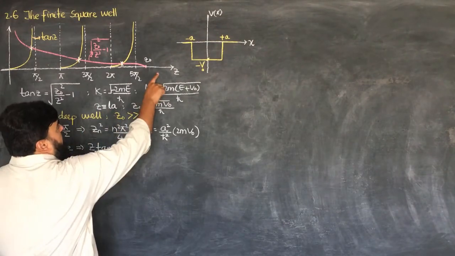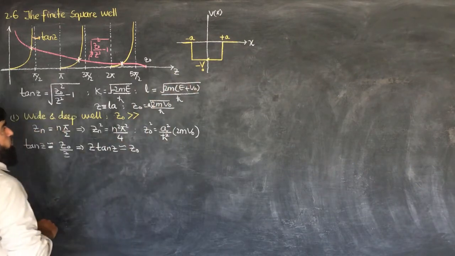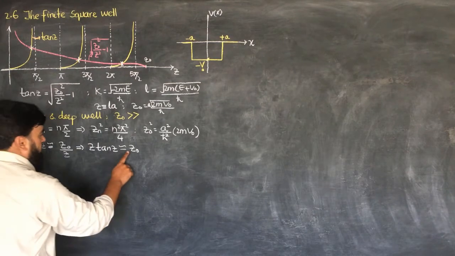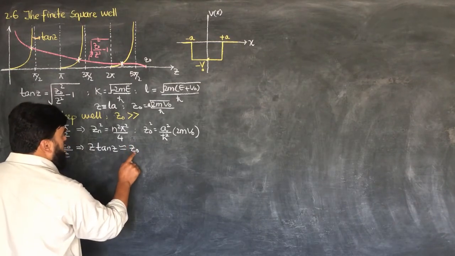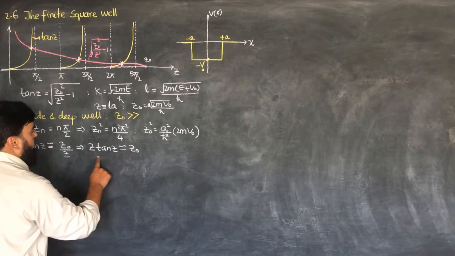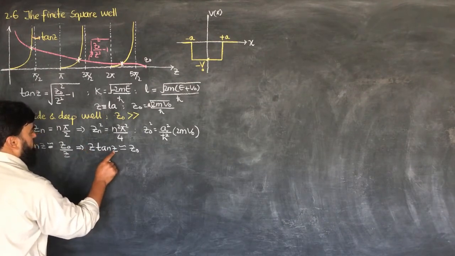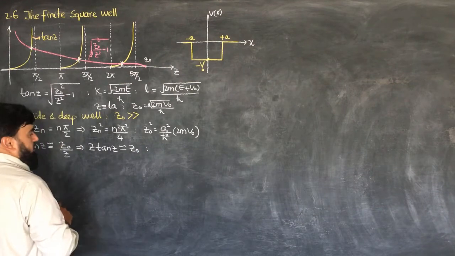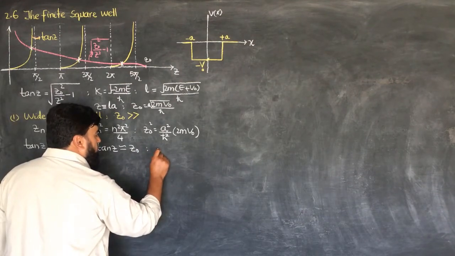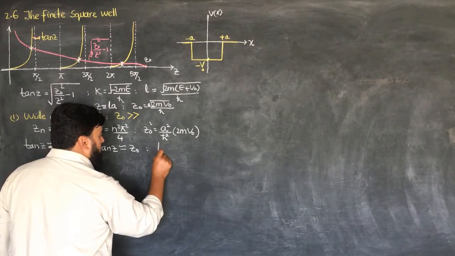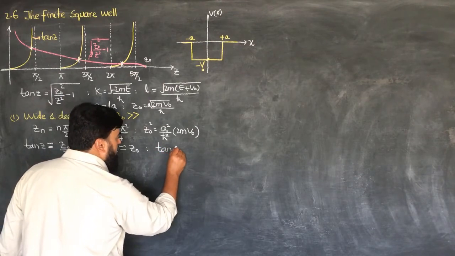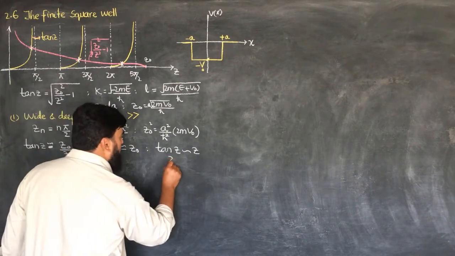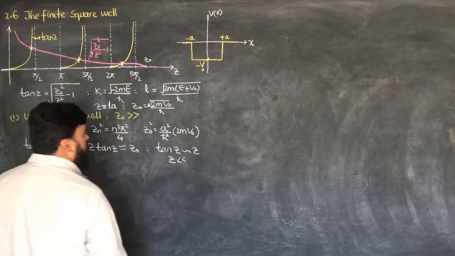Whatever the value of z is, it will change. However much z naught is greater, this value will be less than z. So I can say that tangent z goes to approximately z for z very small.